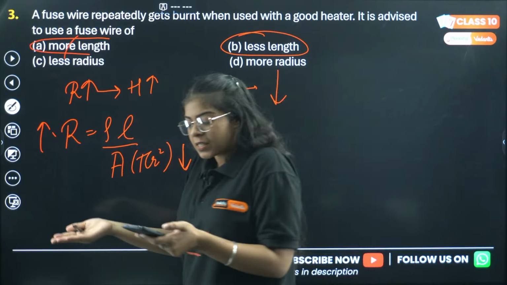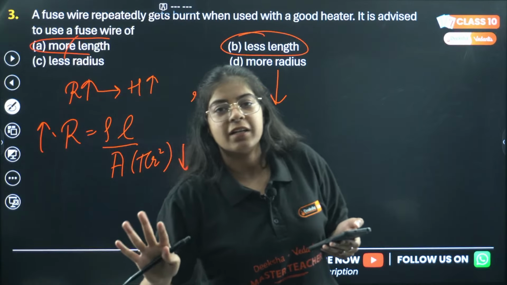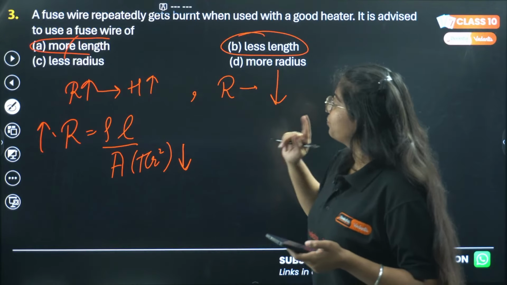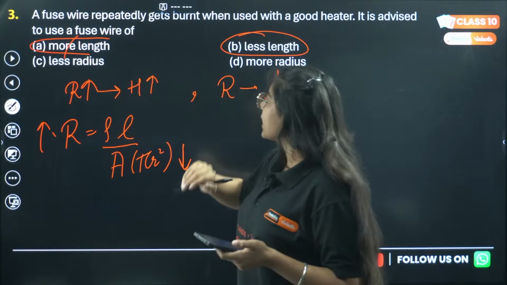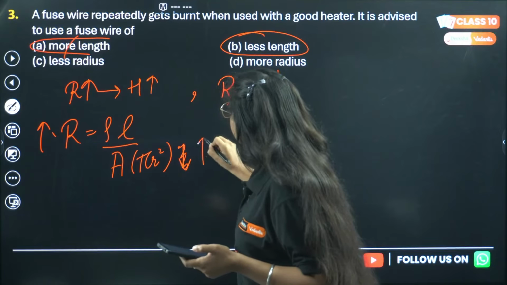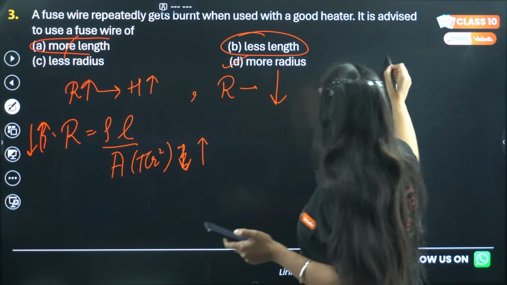But if the resistance is more, the wire will again get burnt, right? And we don't want the wire to get burnt. So if the radius is more, resistance is less. This works. So D can be my answer.